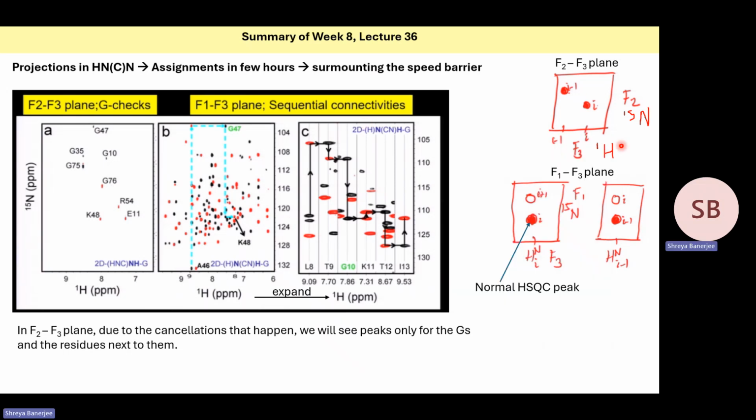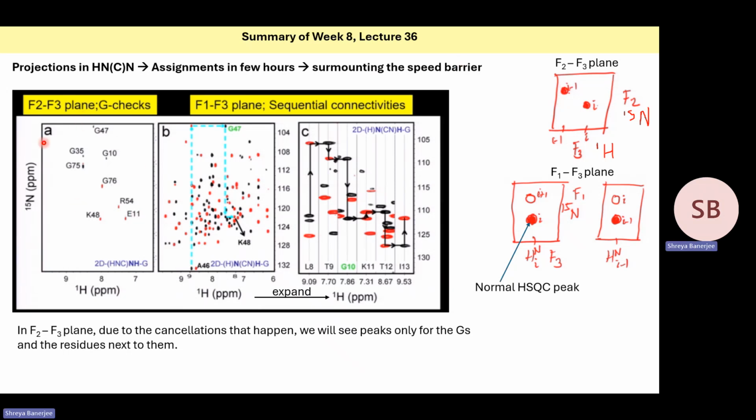So this is the F2, F3 cross section plane, and here again you have F2, F3. So here 1H versus 15N. This will give you relation of I with I-1, and so on.